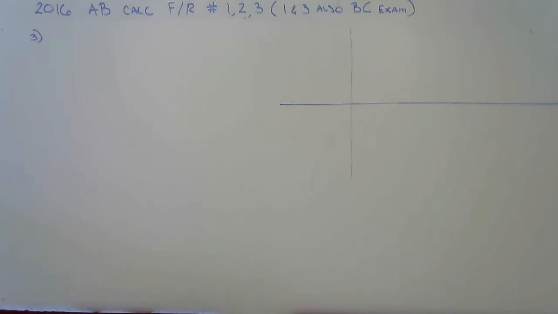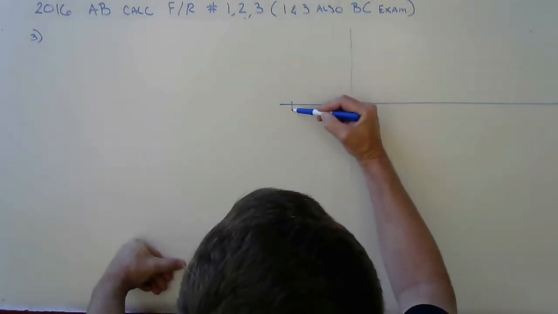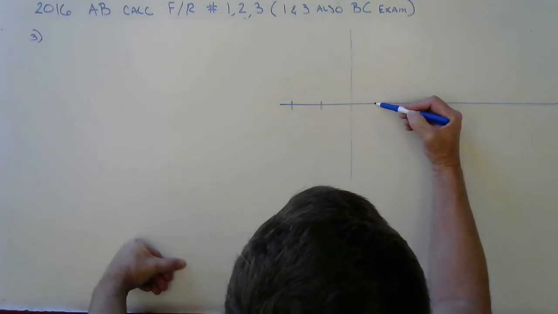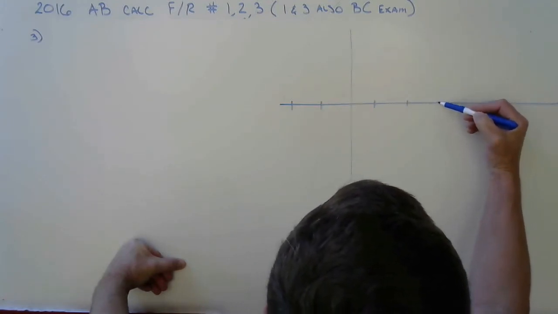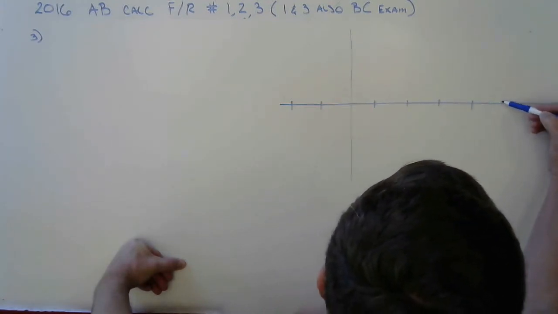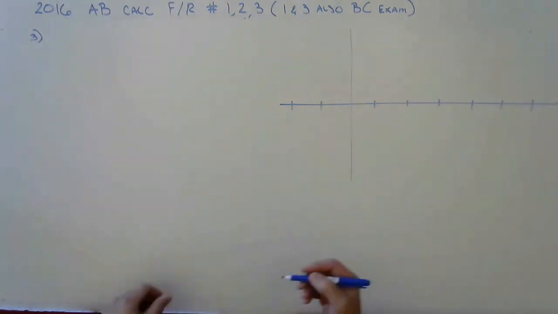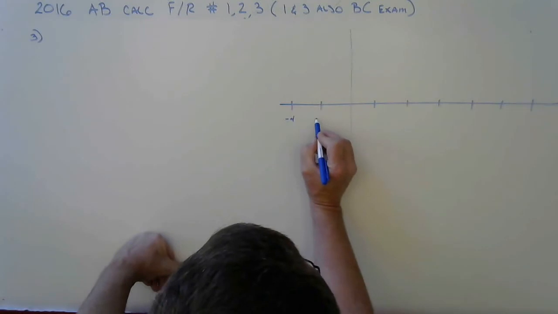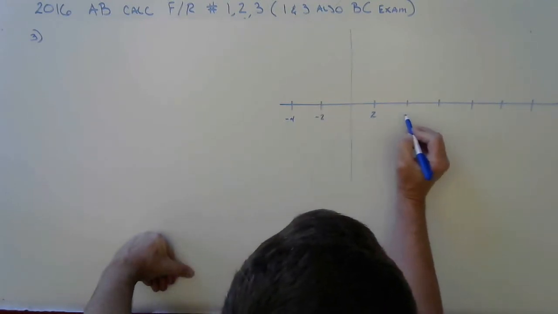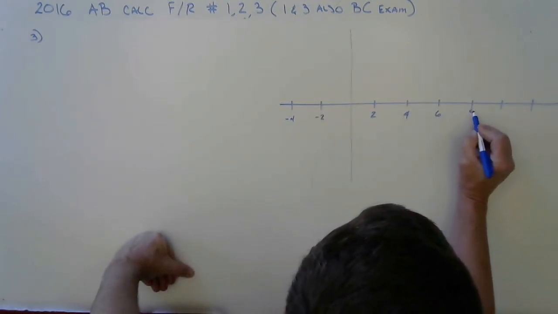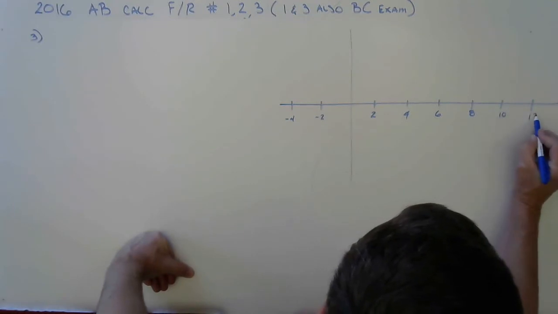Okay? So what do they give us? They give us -4, -2, and so this would be 2, 4, 6, 8, 10, 12.